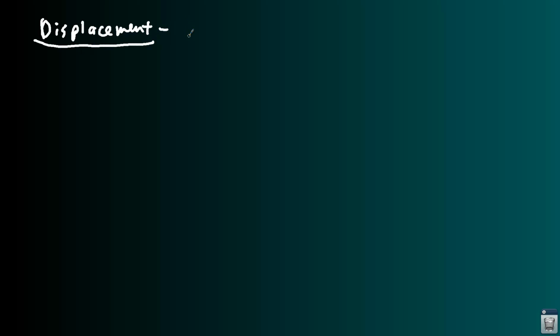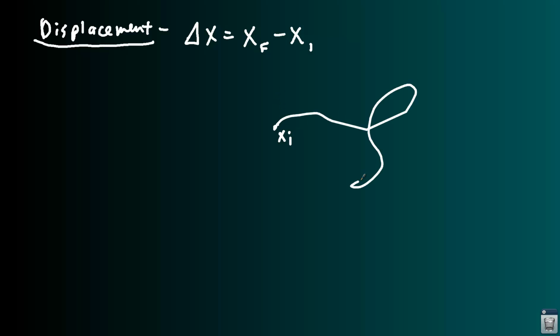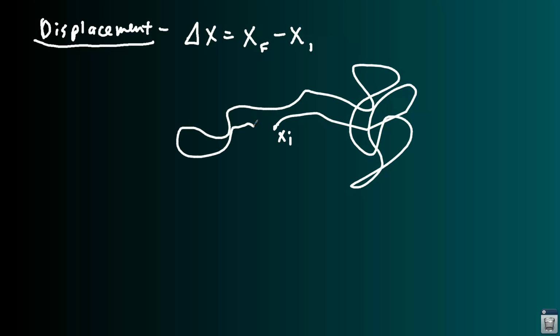Displacement, you can think of it symbolically as the change in your x position, or your final x position minus your initial x position. So you start here at this point, we call this x initial, and then you move something like this, and you end up here.